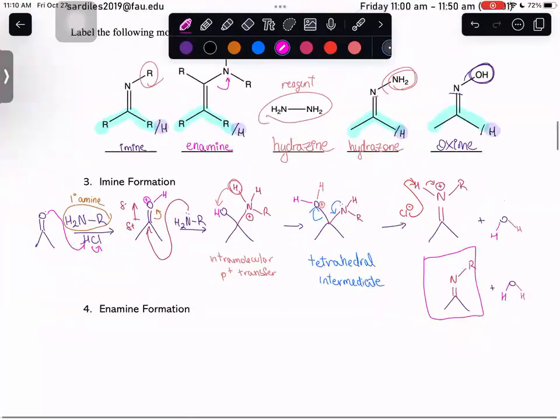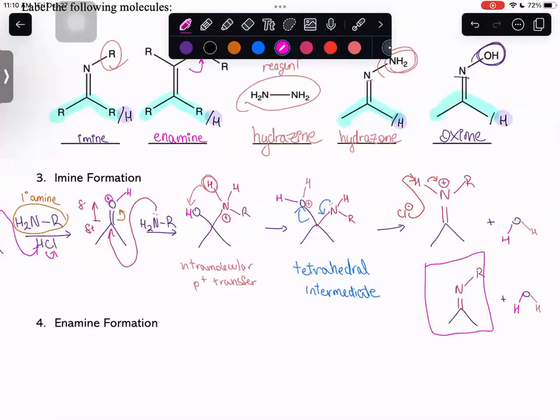And that's it. That's how you end up forming your imine. Okay, questions on the mechanism for the imine? We're good? For your dear imine.